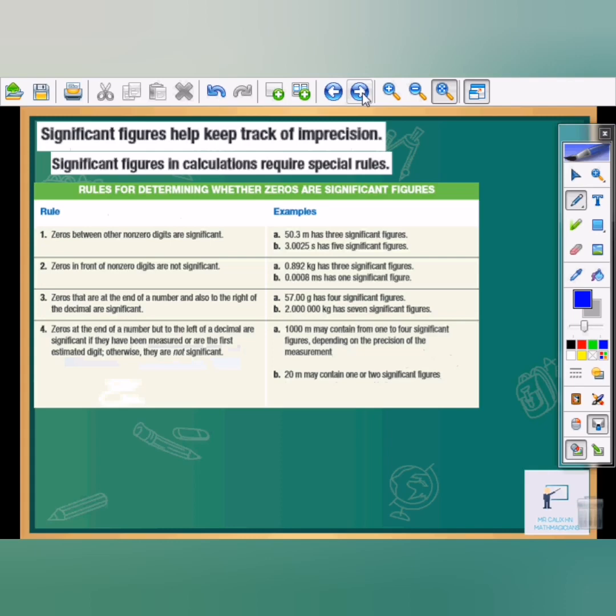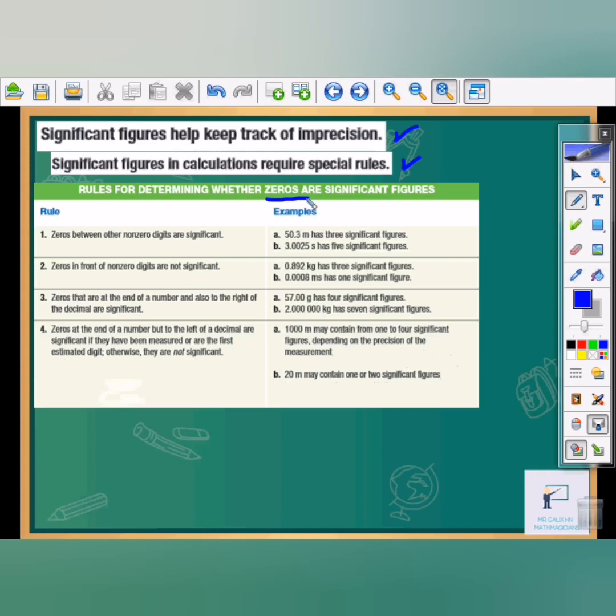Now, significant figures, we already defined them in the last slides. Significant figures help keep track of imprecision, very important, and significant figures in calculations require special rules. Okay, the rules, we're going to see them right now. Right now, we're going to see the rules for zeros. Okay, when are zeros significant and when are zeros not significant?